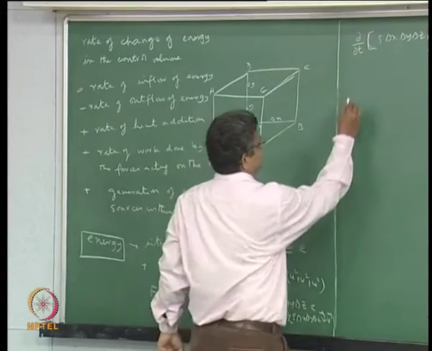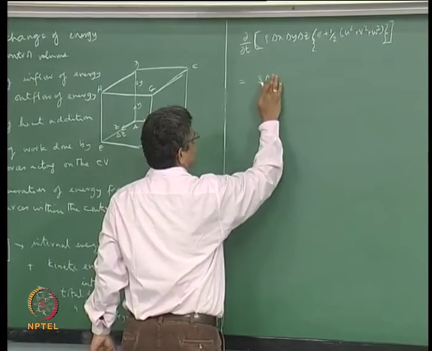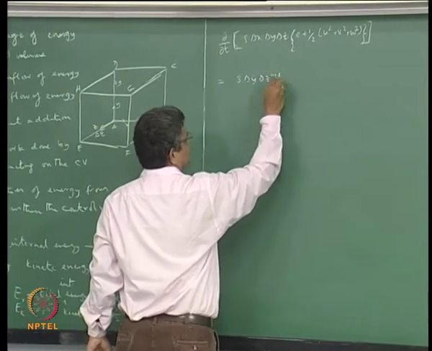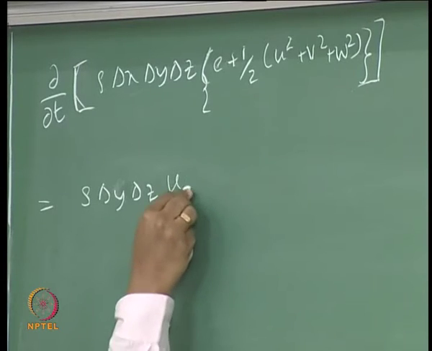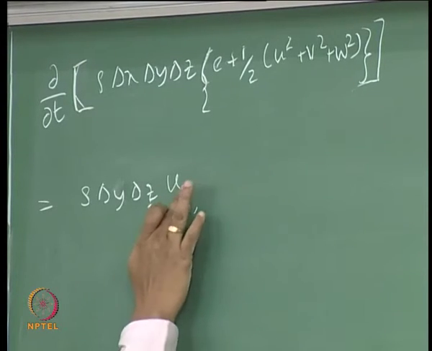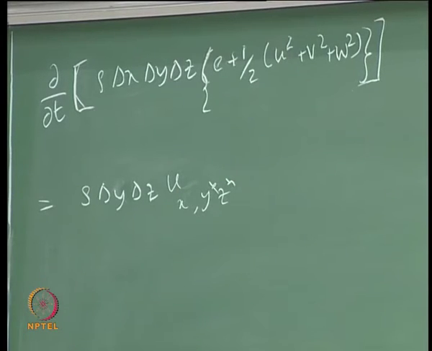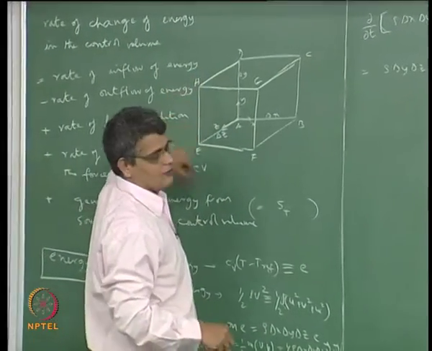So we can write that as rho delta y, delta z times u at x, y star, z star, where the star quantity indicates the central point of y and z for that particular face.